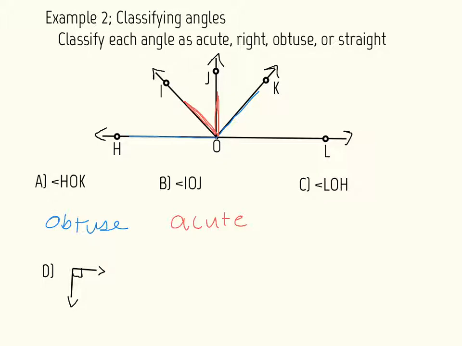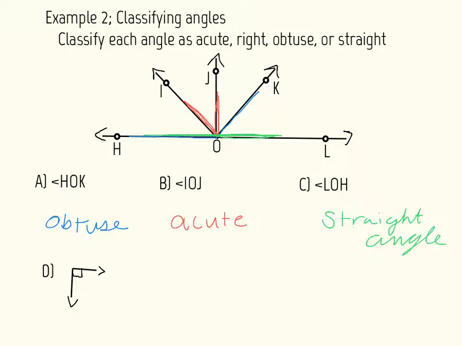Okay, that right there is a straight line. If it's a straight line, it is a straight angle. Alright, so we have obtuse, acute, and straight.